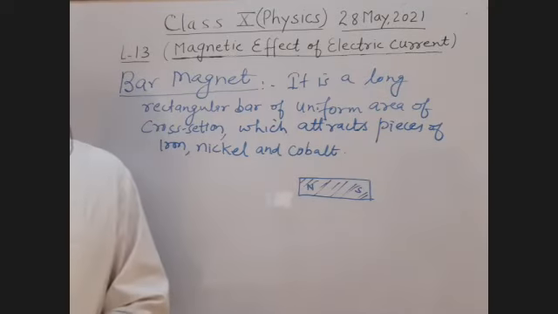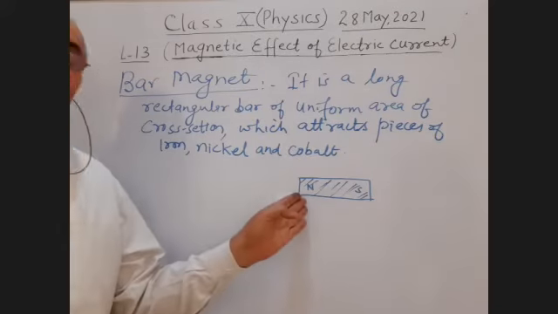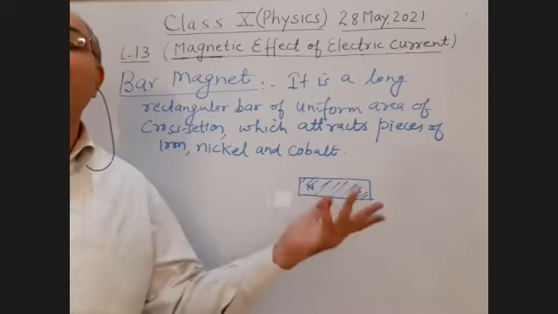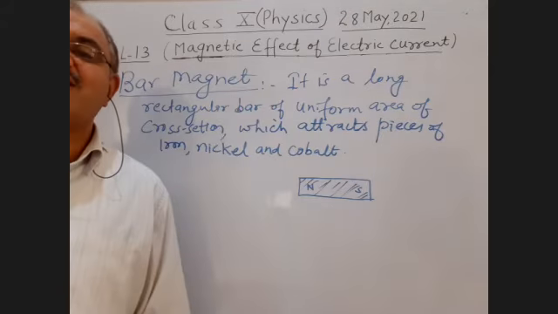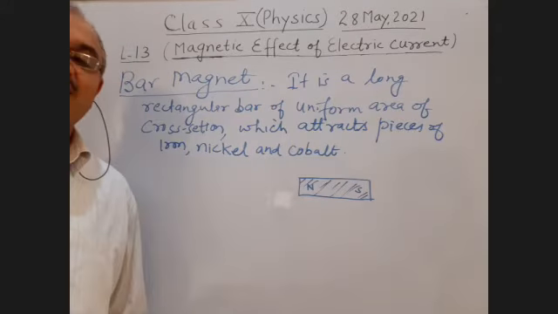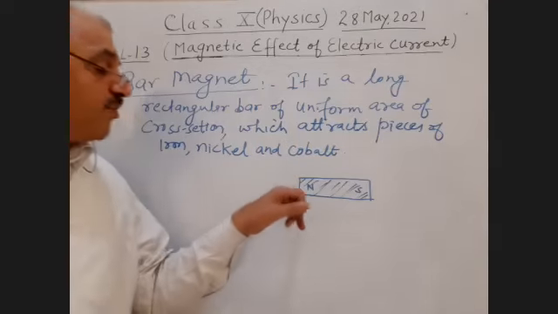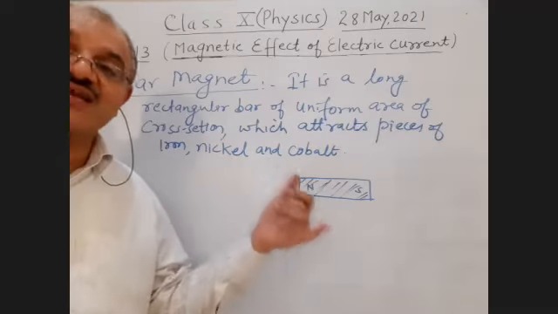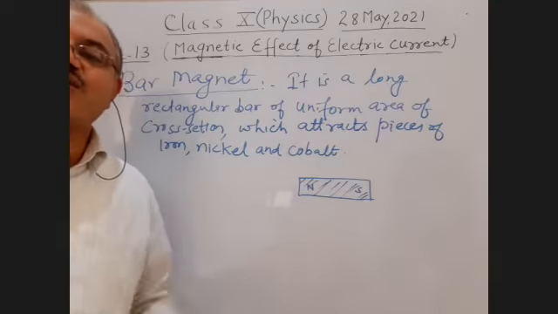Now, for example, you are having this bar magnet and you are having one more bar magnet. You are having two bar magnets. Now, student, the similar property: for example, a north pole, and another bar magnet also having the same polarity, north pole.